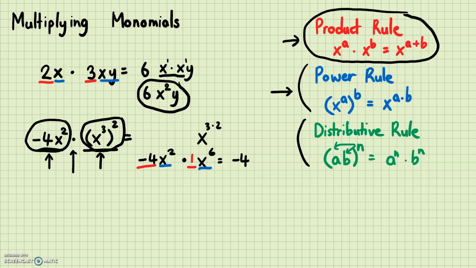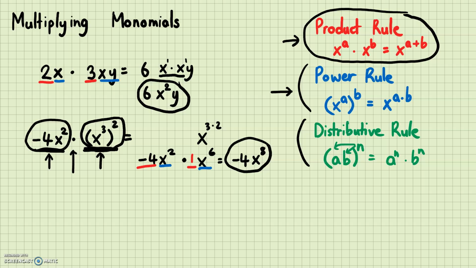And x squared times x to the 6th, using the product rule again, is going to equal x to the 2 plus 6, or x to the 8th power. So that will be our answer. So the important part for this problem was to simplify the individual terms first before we multiply them together.